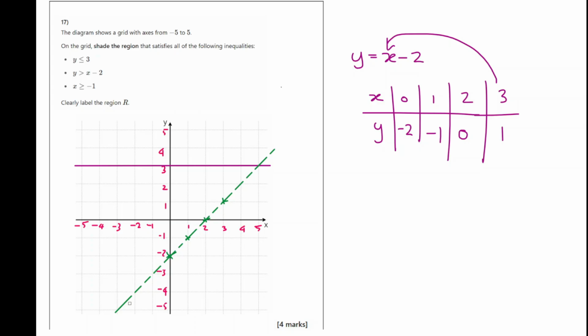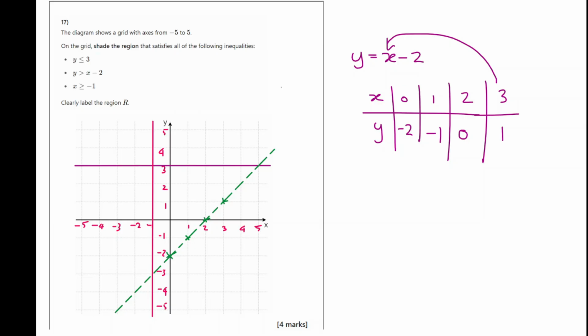The other one is x is more than or equal to negative 1. Now where is x equals negative 1? Here. So we have to go vertically down through negative 1. Like this. Now, where is the region R? So y is less than 3, so it should be below this line here.